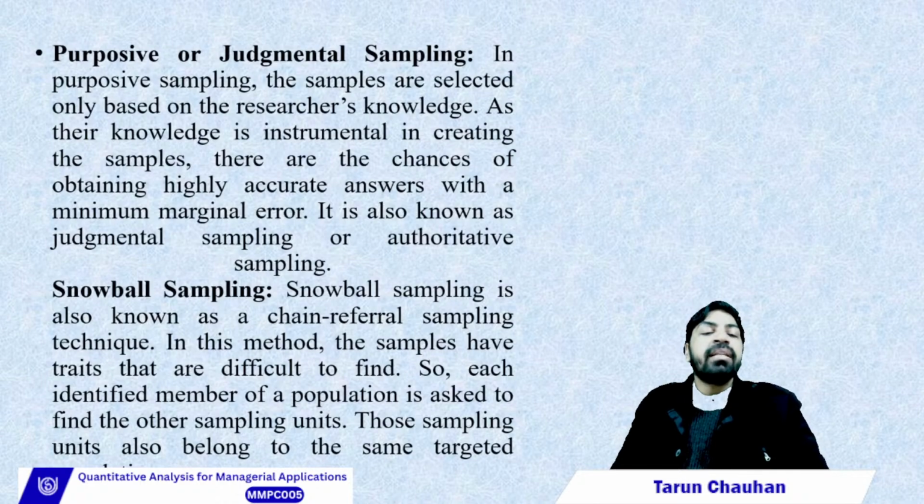The next and last type of non-probability sampling technique is snowball sampling. Snowball sampling refers to a chain referral sampling technique.